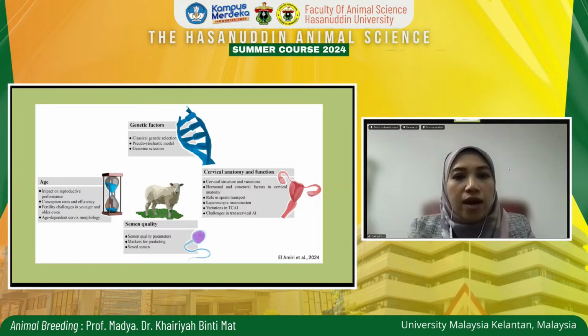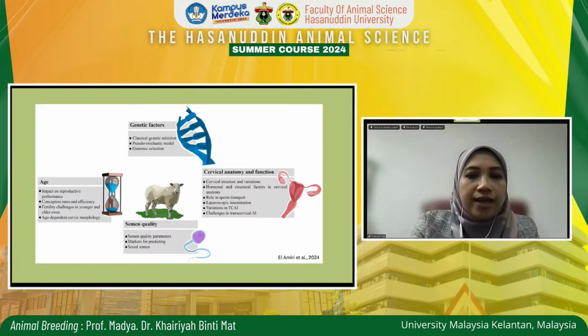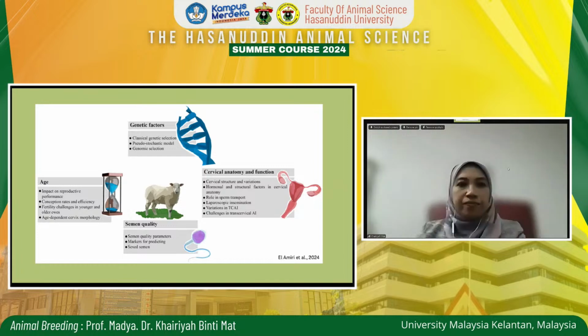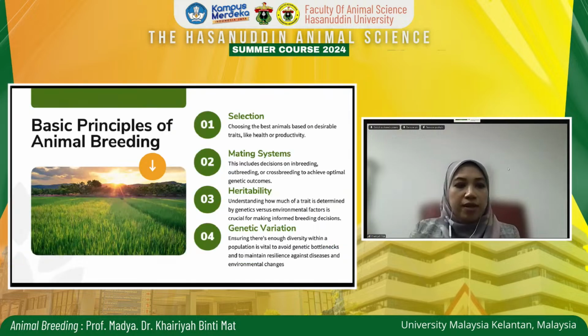So for example, for this one sheep, we get all the related information, not only genetics, the physiology, the other reproductive information. So we combine all the information and we can conclude how good is this animal? How good is this animal actually? And how good this trait can be passed over to the next generation.